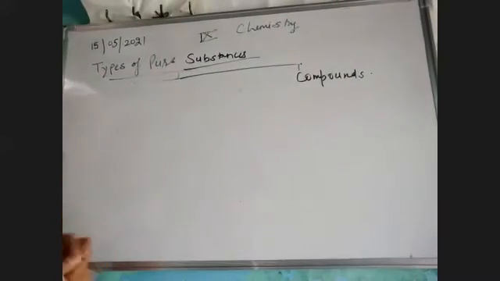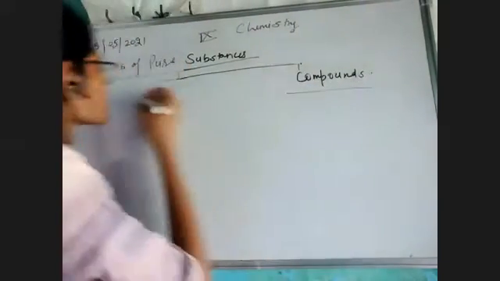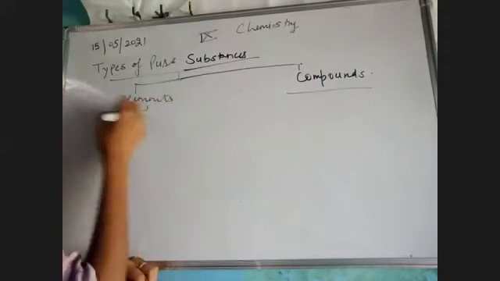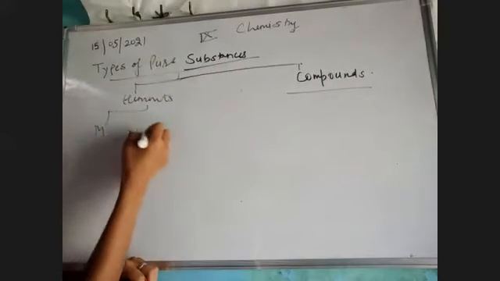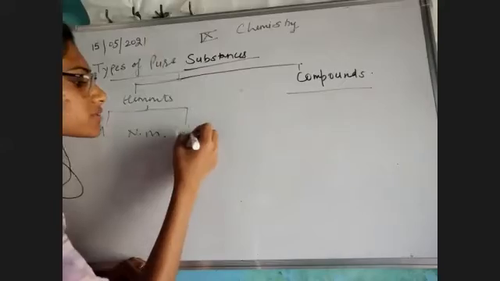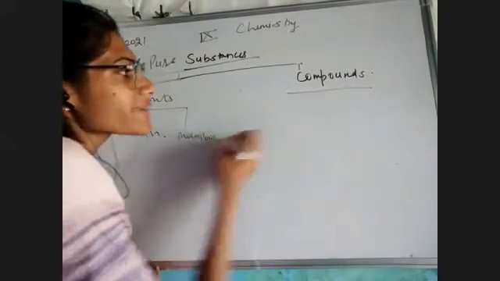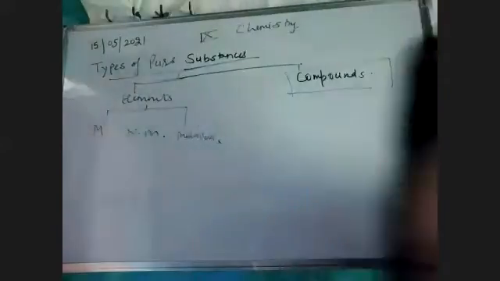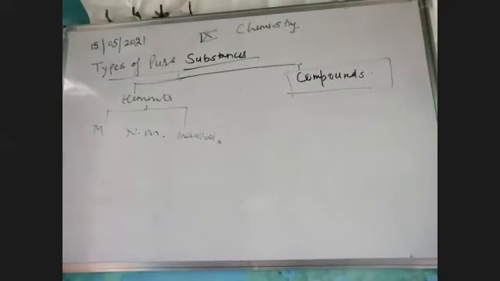Let me define what a compound is. I have just told you about elements: metals, non-metals, metalloids. Now, what is a compound? What do they want to say to us? Let's see.